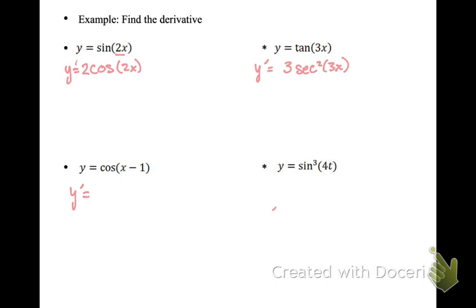So the derivative of cosine of x minus 1. You guys do this one on your own, because I want to do the next one with you. Try this one on your own.